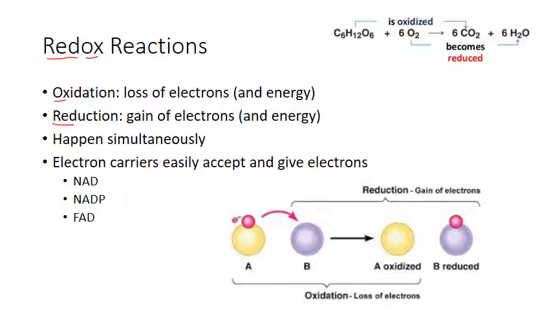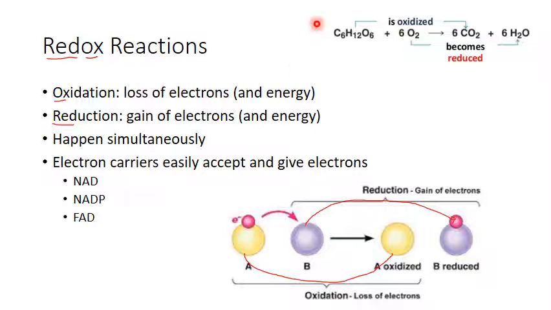So if something loses an electron, it is said to be oxidized. If something gains an electron, it is said to have been reduced. So this purple guy over here is stealing an electron from the yellow guy. The purple guy gains it, he gets reduced, and the yellow guy loses it, he's going to get oxidized.